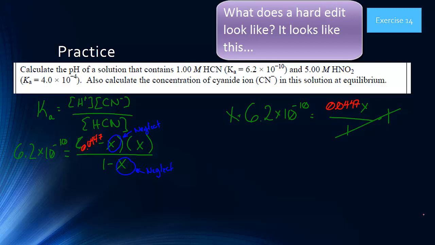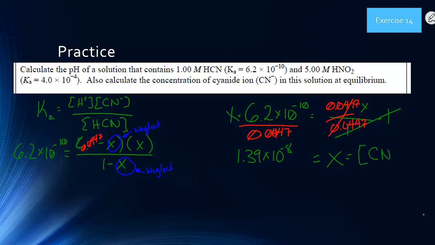And then divide by 0.0447 on both sides to find that x equals 1.39 times 10 to the minus 8th. Now that value is the concentration of the cyanide ion.